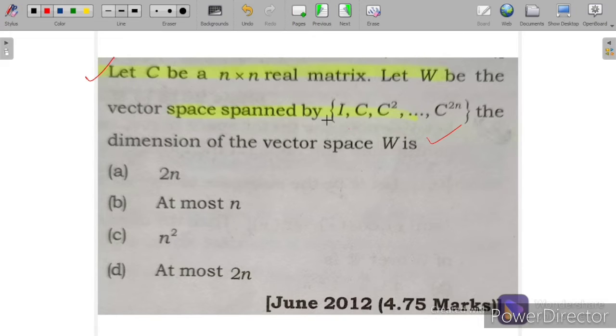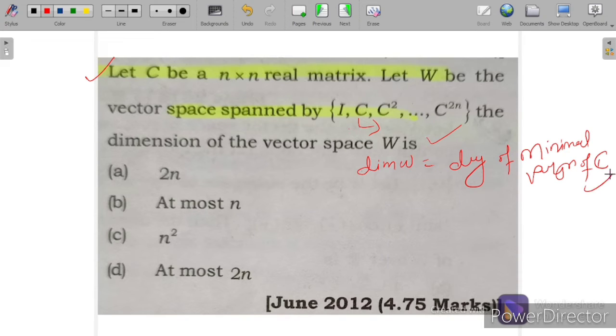W is the span of this set, so the dimension of W is equal to the degree of the minimal polynomial of matrix C. C is an n cross n matrix, so the characteristic polynomial of this matrix C has degree less than equal to n.